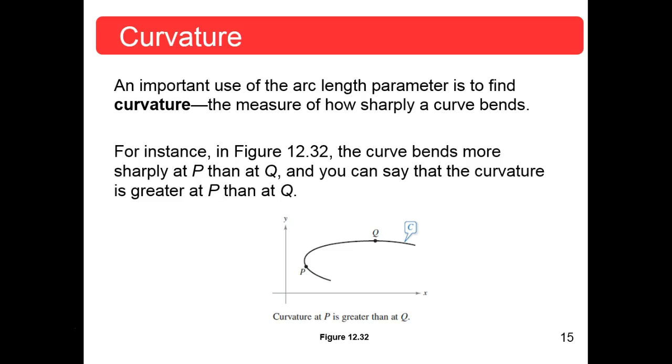Here's an example, figure 12.32 here. The curve is bending much more sharply at P than it is at Q. At P, it's really changing its direction rapidly, and at Q, it's changing direction incredibly slowly. Okay? So P would have a larger curvature than Q. You say that the curvature is greater at P than at Q.